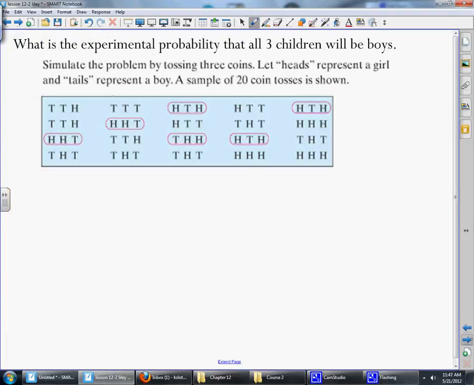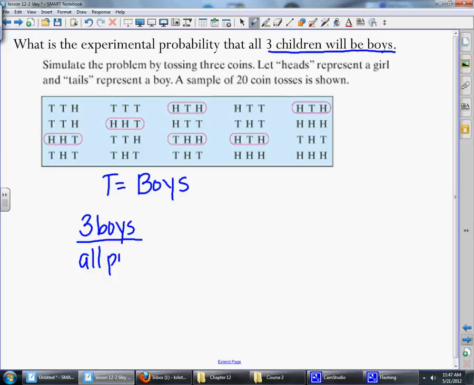So there's a 3 in 10 probability that 2 of the 3 children are girls. So what is the experimental probability that all children will be boys? Remember, T is equal to boys. We're going to ignore the pink circles here. So we want 3 boys out of all the possible outcomes.